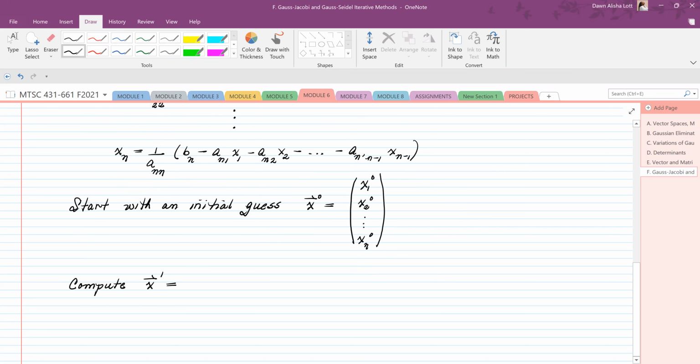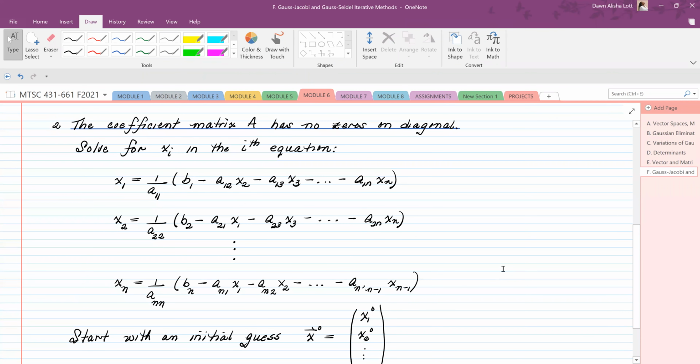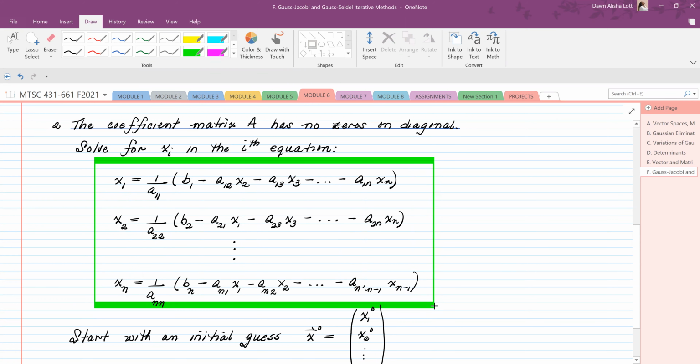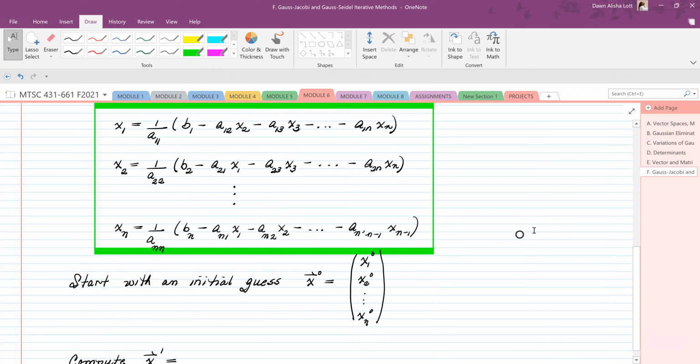So we're going to compute x1 using these equations in the box. Let me put these in a nice box.